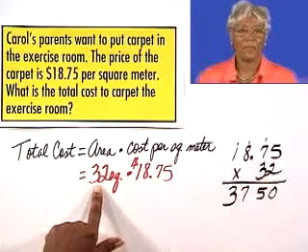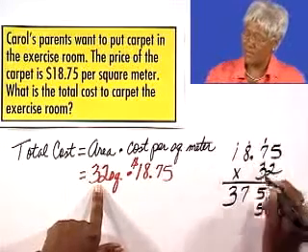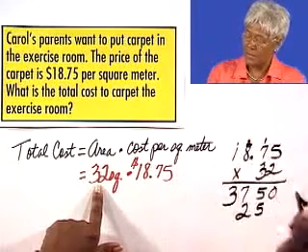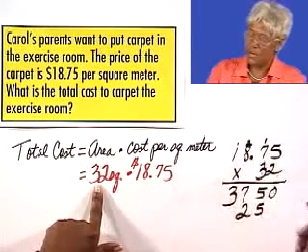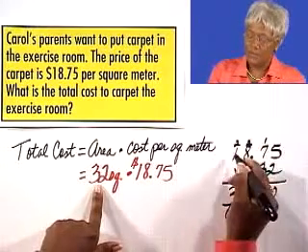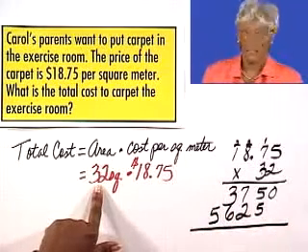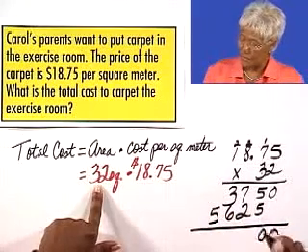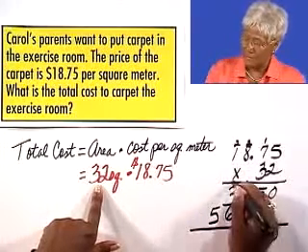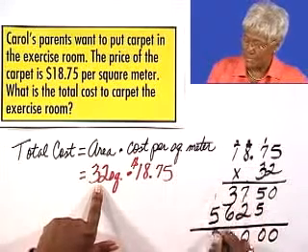Now we need to multiply by the 3. 3 times 5 is 15. 3 times 7 is 21, and 1 more is 22. 3 times 8 is 24, and 2 more is 26. 3 times 1 is 3, and 2 more is 5. Now let's add. 0, 0, 7, 8, and 2 is 10. 1 and 3 is 4, and 6 is 10. 5 and 1 is 6.